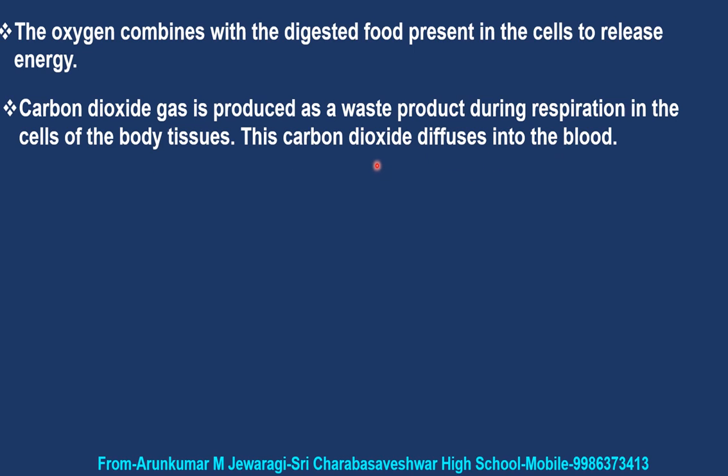When the amount of carbon dioxide is more in the cells, it diffuses simply into the blood. At the same time oxygen enters inside the blood with the process of diffusion. Like this, carbon dioxide released during the process of respiration enters into the blood through the process of diffusion.